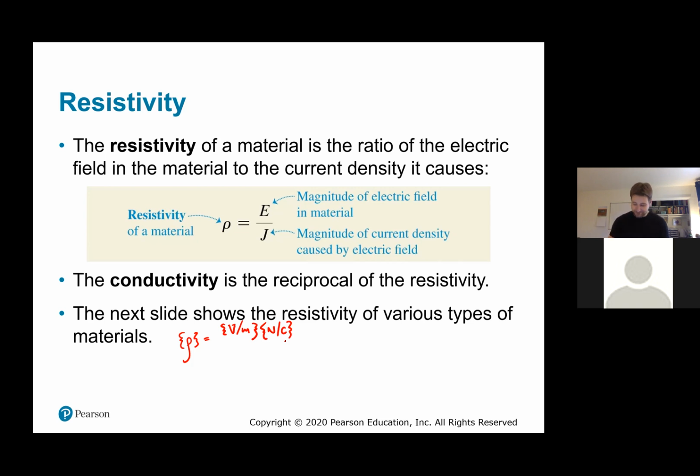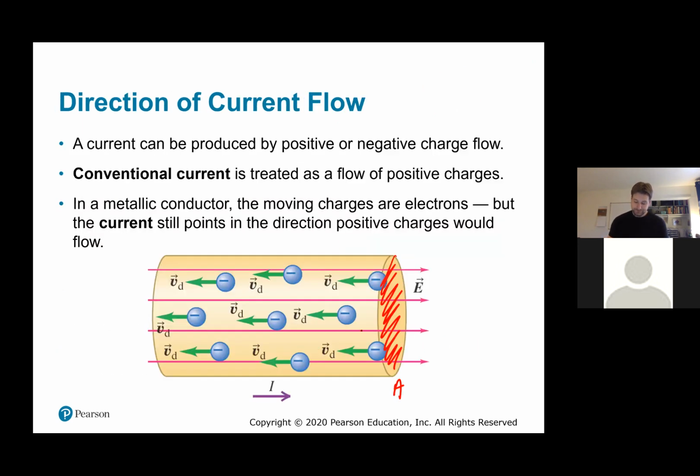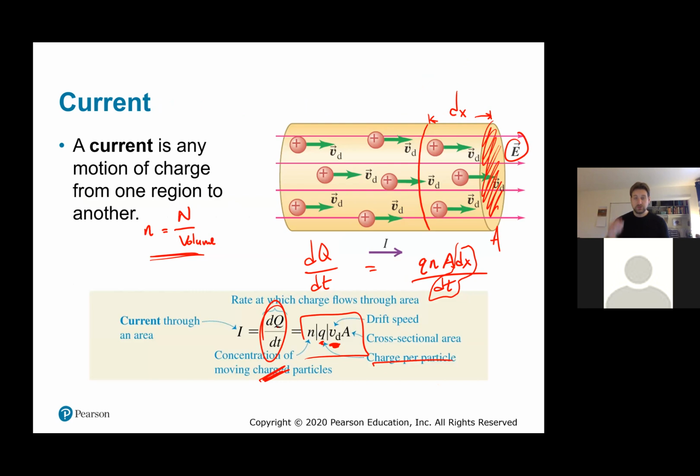Hold on, I gotta go back a slide. J should have the units of current per square meter. So what are the units for current? Hold on, I gotta go back a slide. Charge per second, because dq per dt.